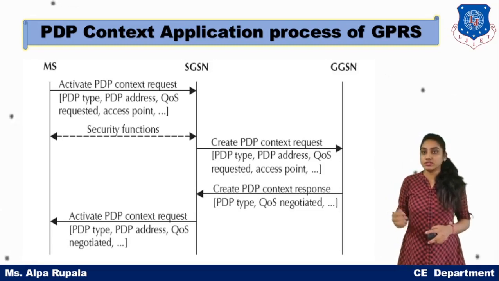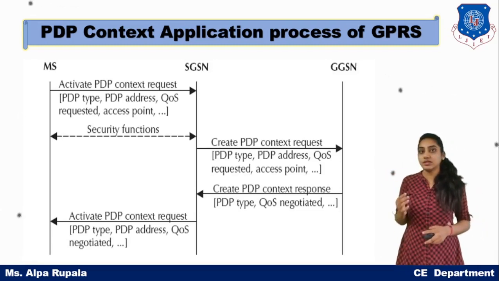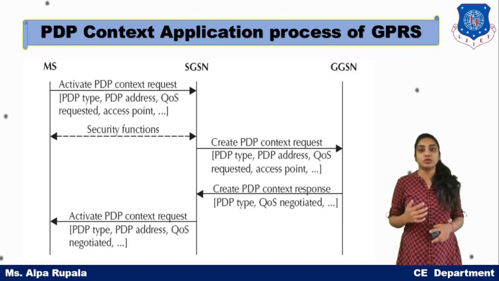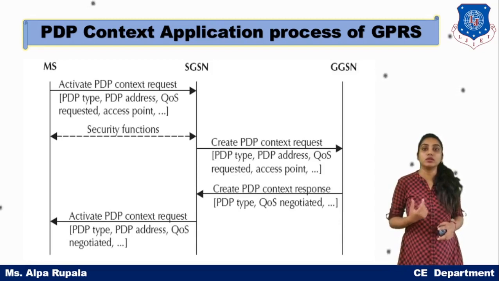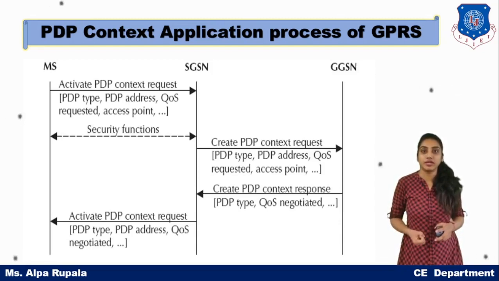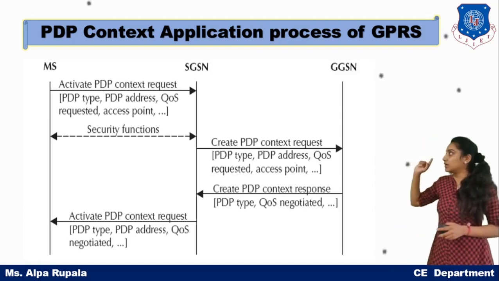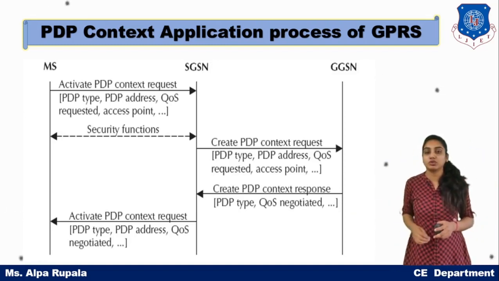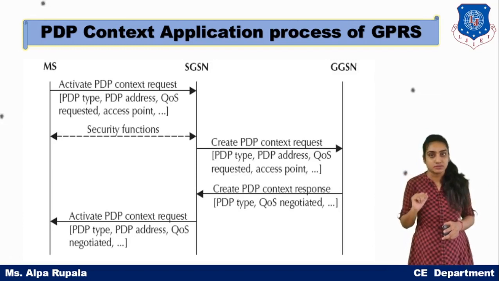Whenever the MS wants to communicate with another network, first of all we need one proper format for the conversion of our data, and that format will be taken from the GGSN. For that particular reason we require the PDP context application process of GPRS.